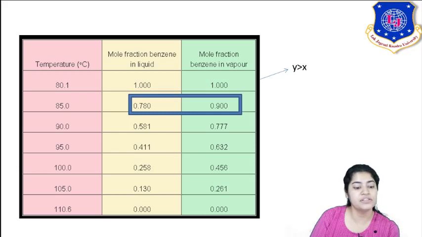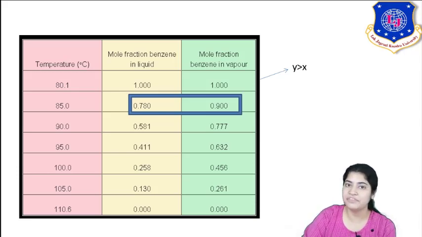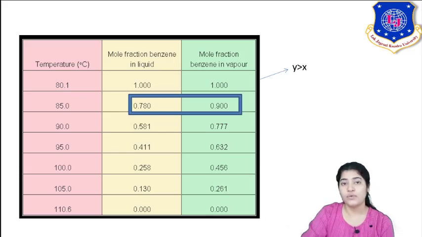data point of 105. Okay, at 105 you can see that the liquid phase composition of benzene is 0.13, whereas the corresponding vapor is 0.261. You can see that as I'm increasing the temperature, the mole fraction of benzene in liquid has decreased, and the mole fraction of benzene in vapor has also decreased. Now why so?